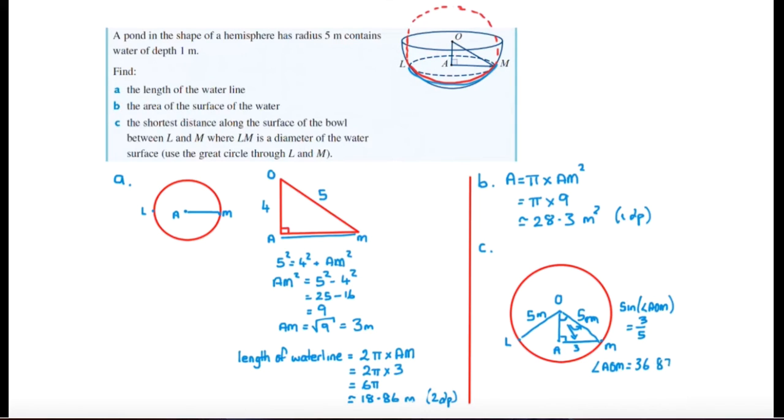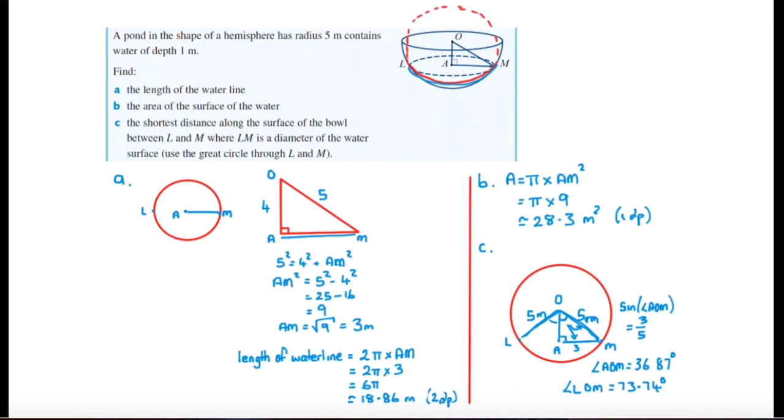Now, because the angle LAO is exactly the same, the angle LOM is twice angle AOM. So that will be 73.74 degrees.